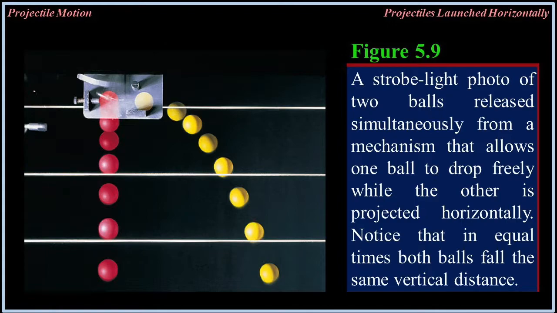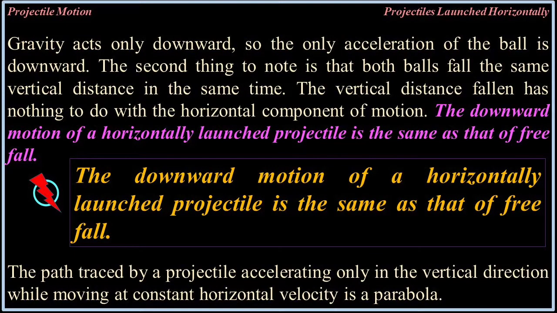Notice that in equal times, both balls fall the same vertical distance. Gravity acts only downward, so the only acceleration of the ball is downward. The second thing to note is that both balls fall the same vertical distance in the same time.